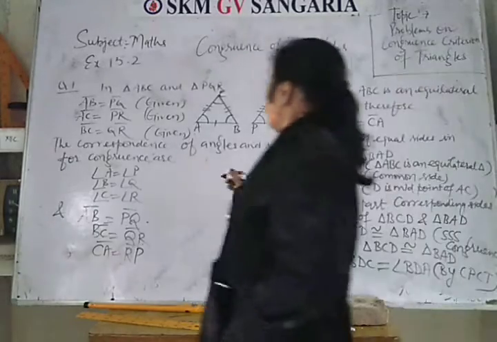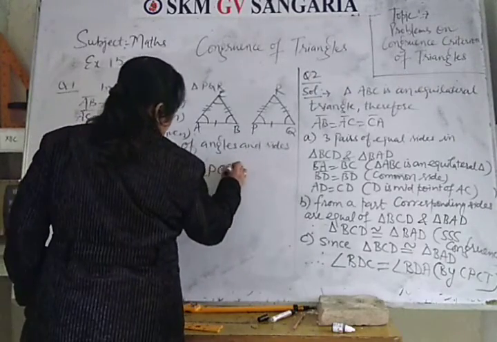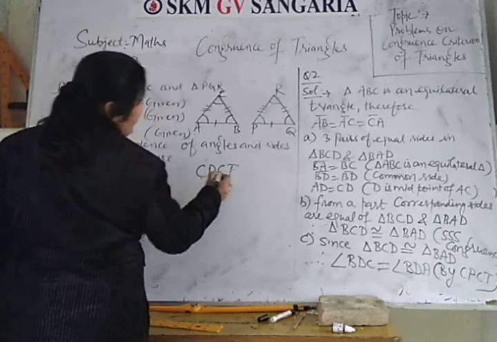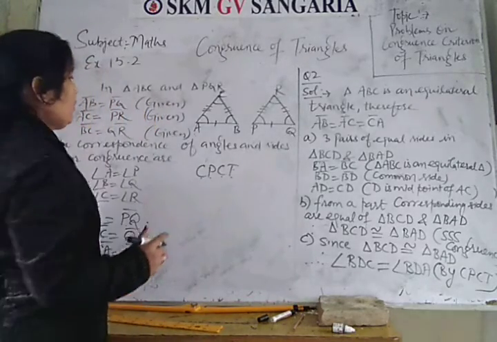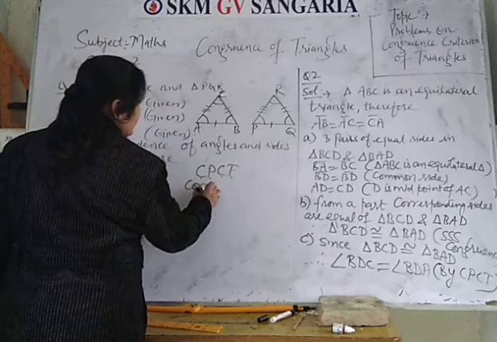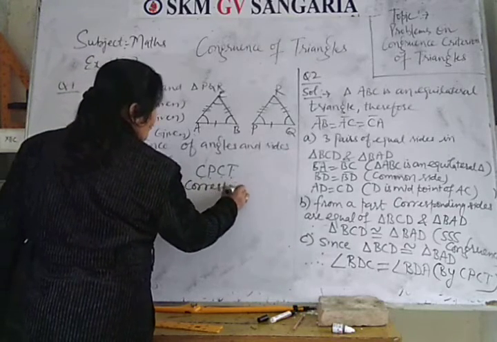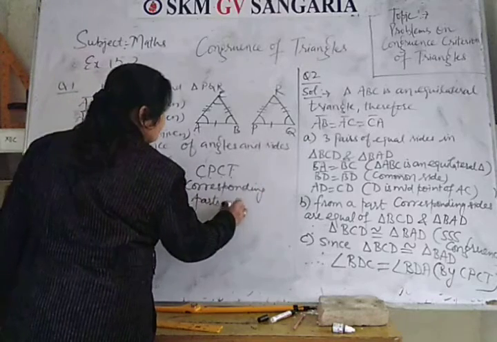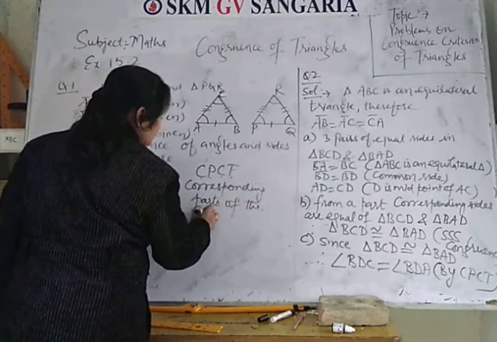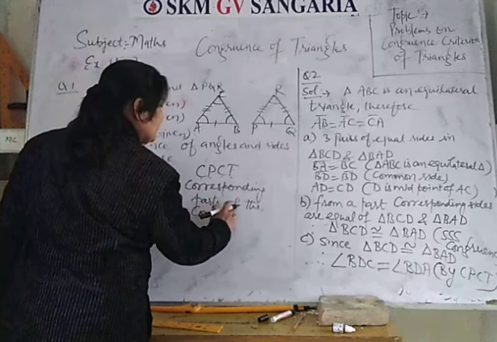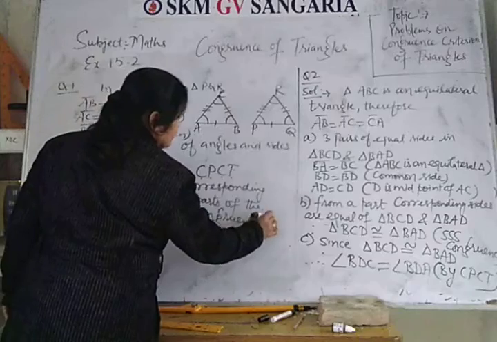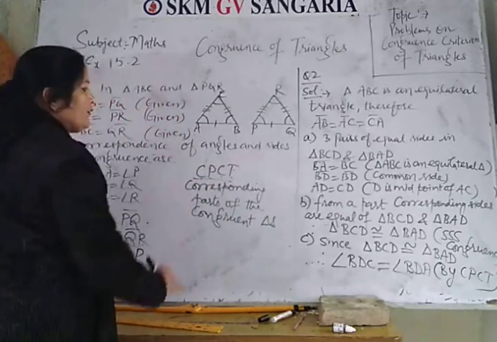CPCT means corresponding parts of the congruent triangles. This is the full form of CPCT.